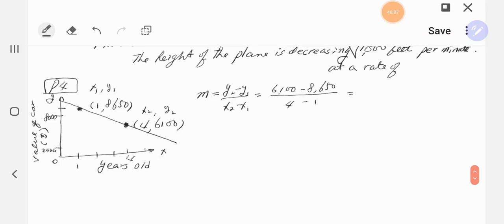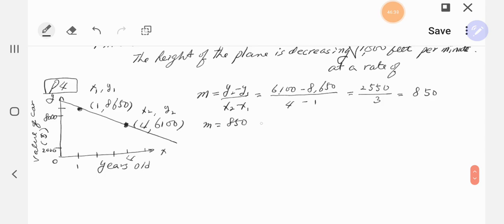Okay, then this is equal to negative 2,550 over 3. Then this is equal to 850. So the slope is 850.